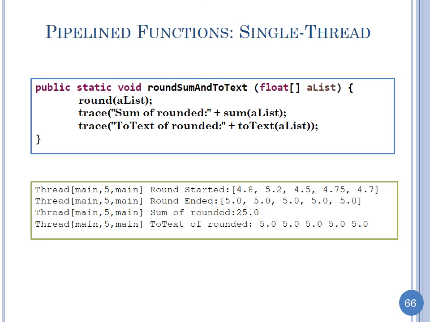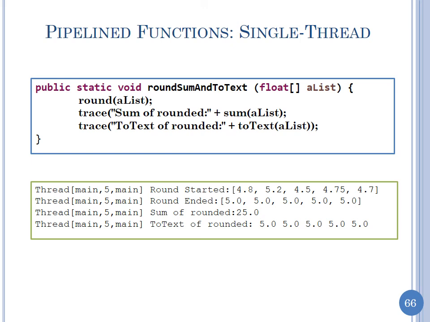So let's say I want pipeline functions, and I want to go and parallelize that. This is like the situation that you guys were talking about, where we had both the sum and token count being done on the same list.